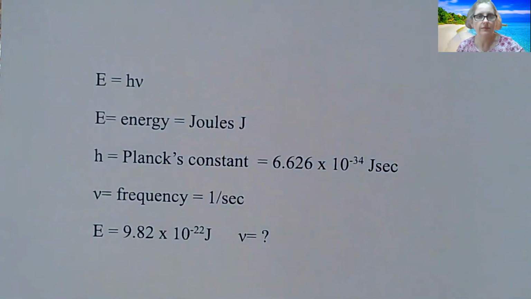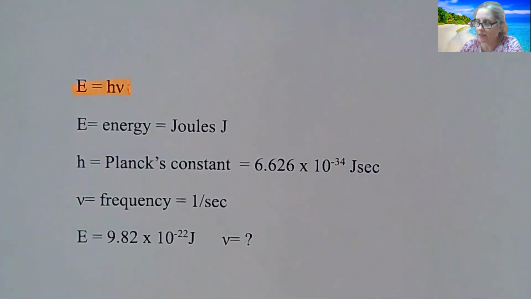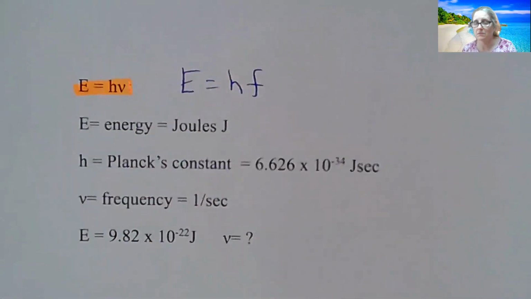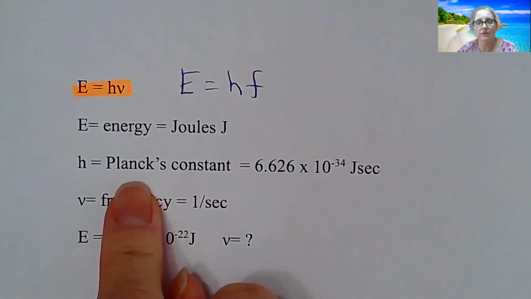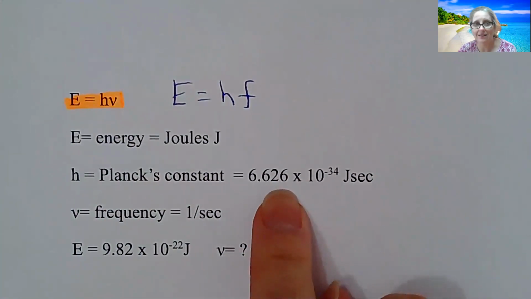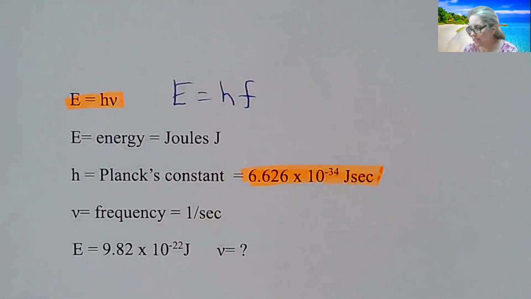That's a better page. So energy is equal to Planck's constant times frequency. Again, you could have energy is equal to Planck's constant times F. Doesn't matter to me. There was a scientist called Planck who figured out that there was some kind of relationship between the energy of the light and the frequency of the light. There was some relationship, and it had a constant. So H is called Planck's constant, and this number will always be given to you.